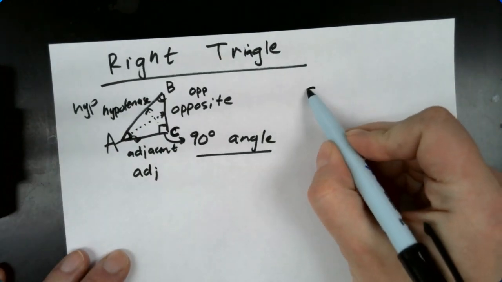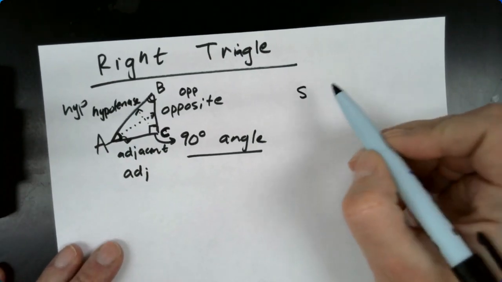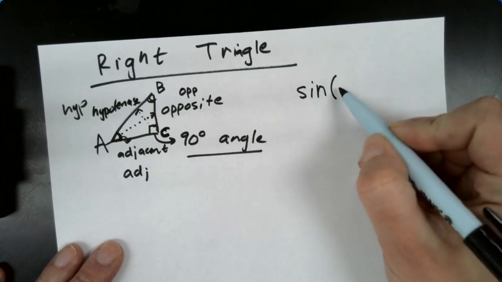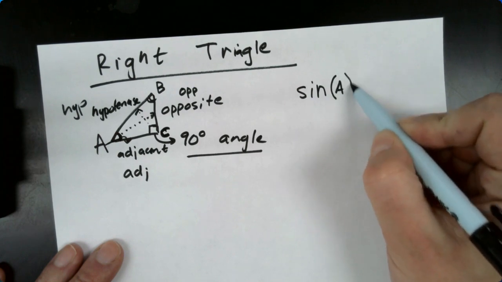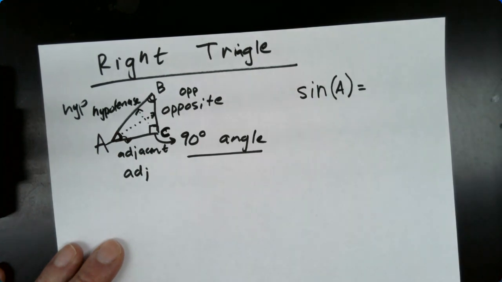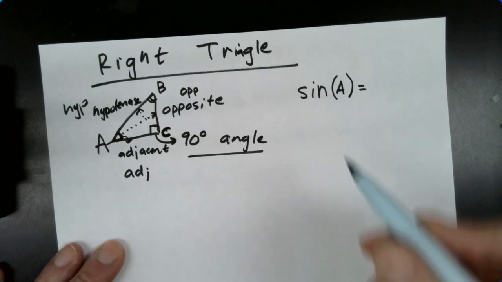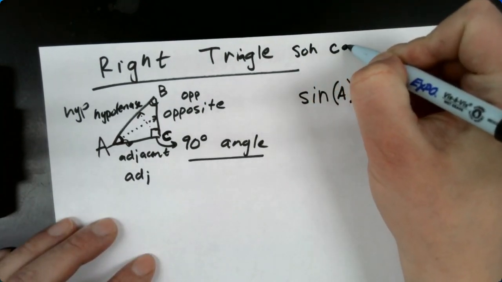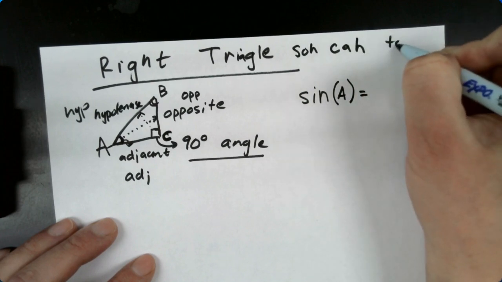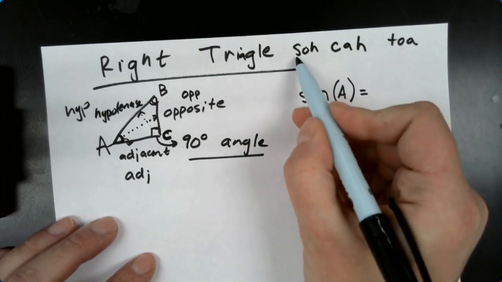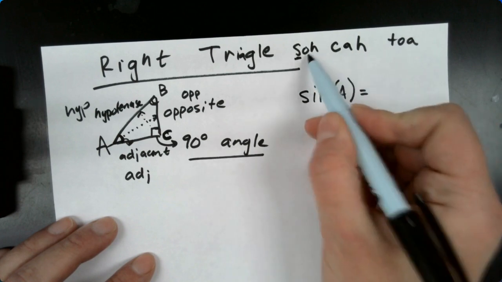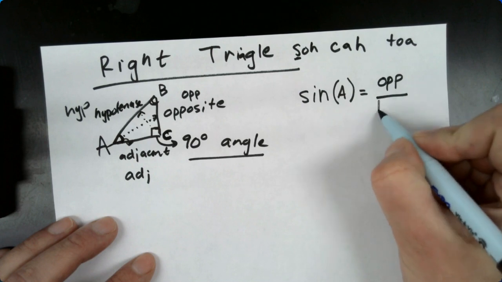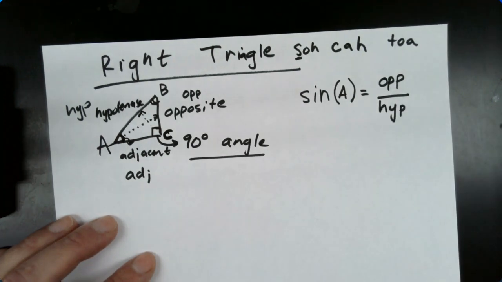Okay, so then we have these relationships between the angle and the side lengths. These are trigonometric functions. So we have the sine of A. Do you remember? Sine is the opposite side length over the hypotenuse side length.